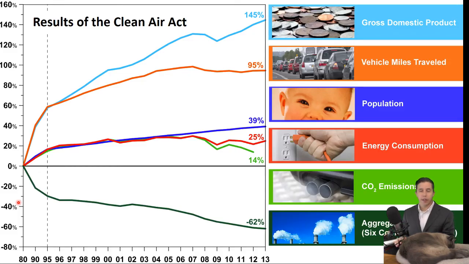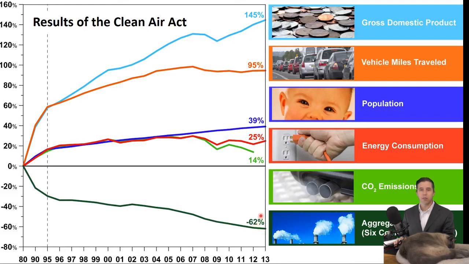Well, as a result of this, here's a graph, starts in 1980, goes to the year 2013, and it's got a bunch of things on here. But this green line is the big pollutants that we've talked about, okay? VOCs, PM, all those things. They've gone down since 1980 to 2013 by 62%.